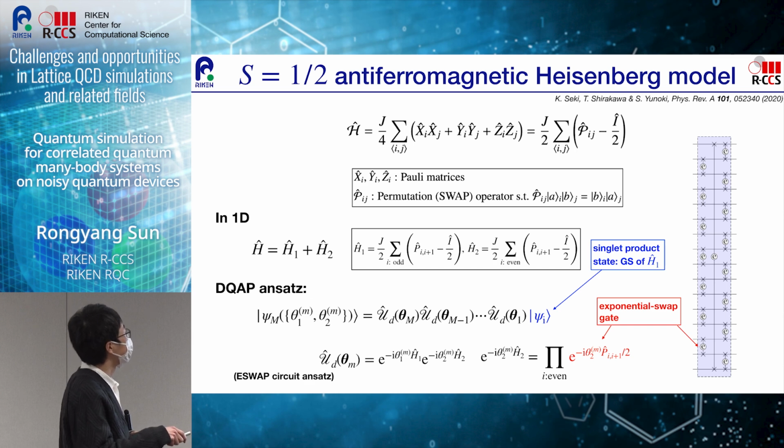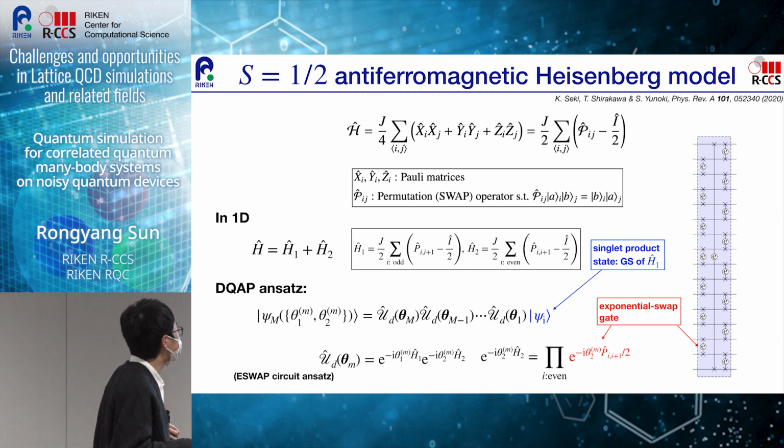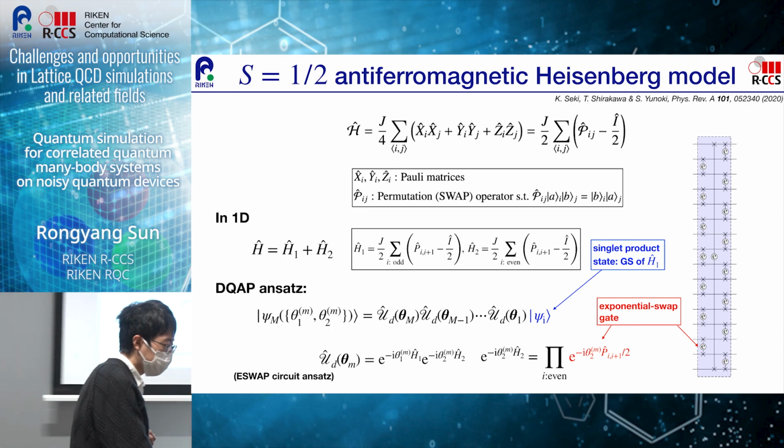H1 here is just the Heisenberg model with only odd bonds, and in each time period, each elementary gate is the exponential of a swap operator, so we call this circuit the E-swap circuit ansatz.